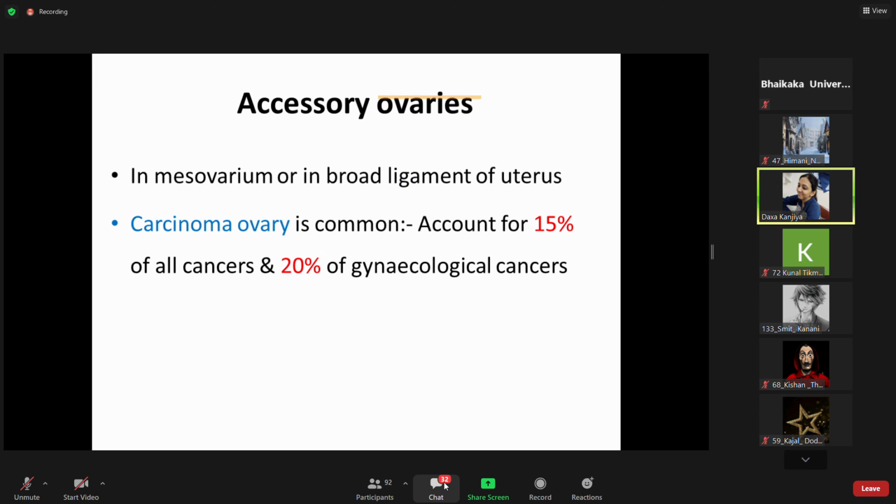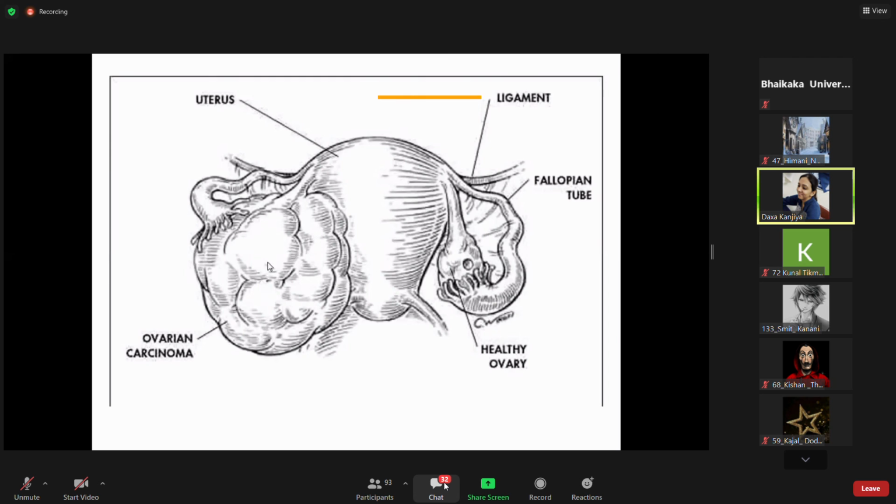Around 20% of gynecological cancers are carcinoma of the ovary. Teratoma of the ovary contains derivatives of all three germ layers: ectoderm, endoderm, and mesoderm. And here you can see the ovarian carcinoma.